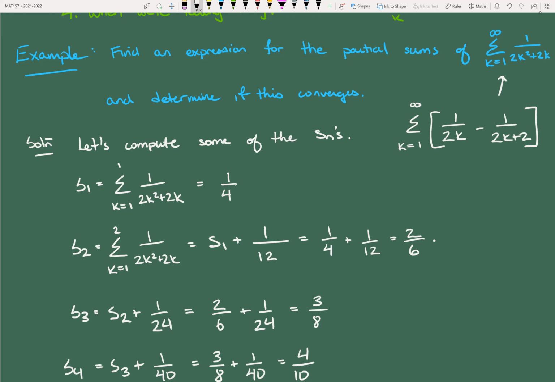What is that? Does anyone recognize that as being a really nice series to compute? Why is that series really easy to compute? That's a telescoping series. Do you guys see that? Yeah, exactly.